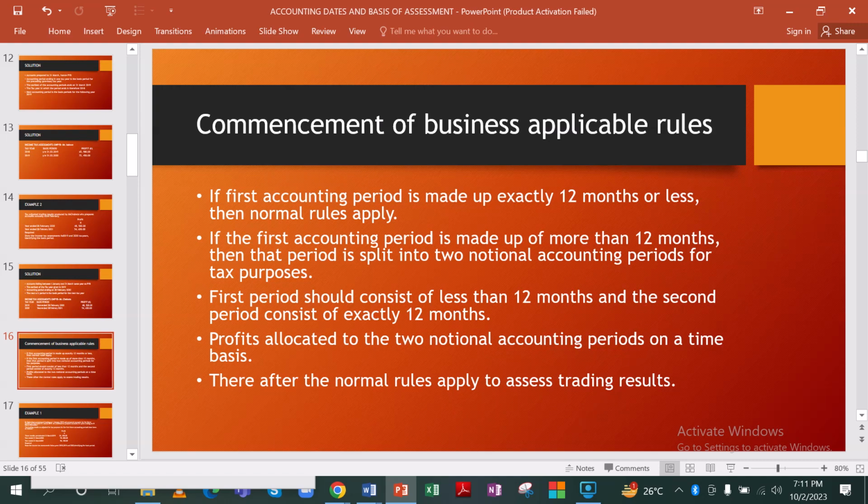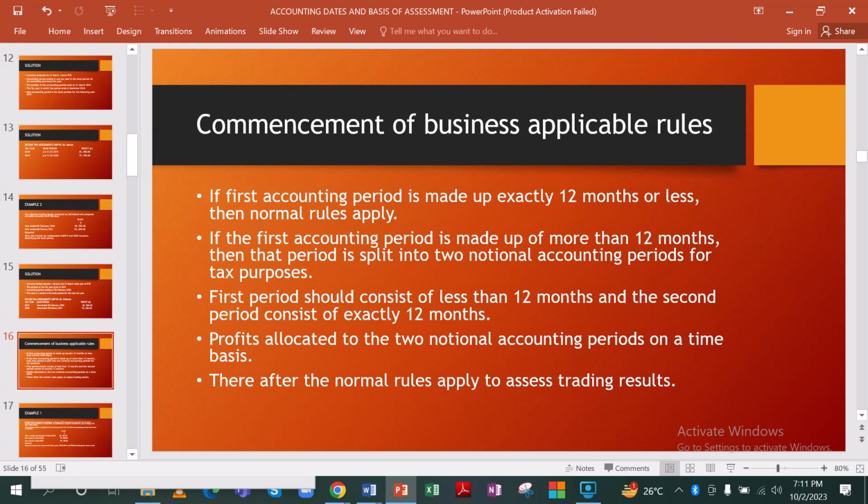The first period should consist of less than 12 months, and the second period should consist of exactly 12 months. So you split the long period. The last period should always equal exactly 12 months. Then the balance should be relating to the first period.